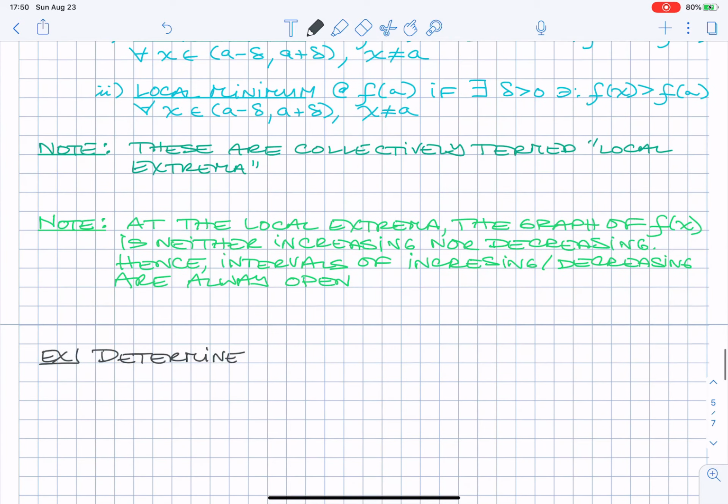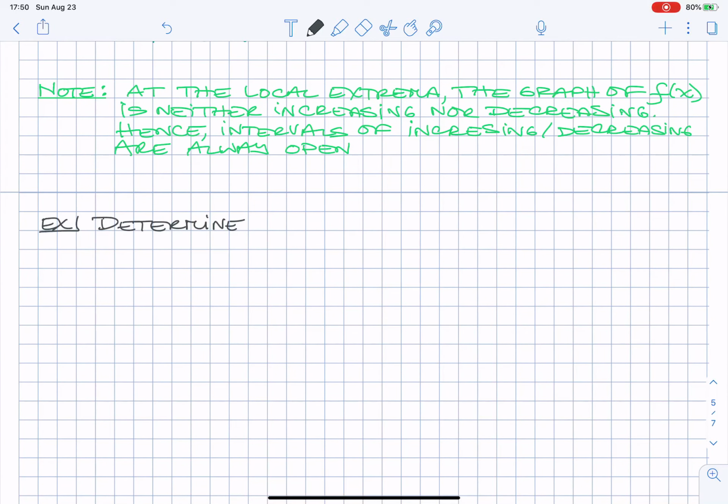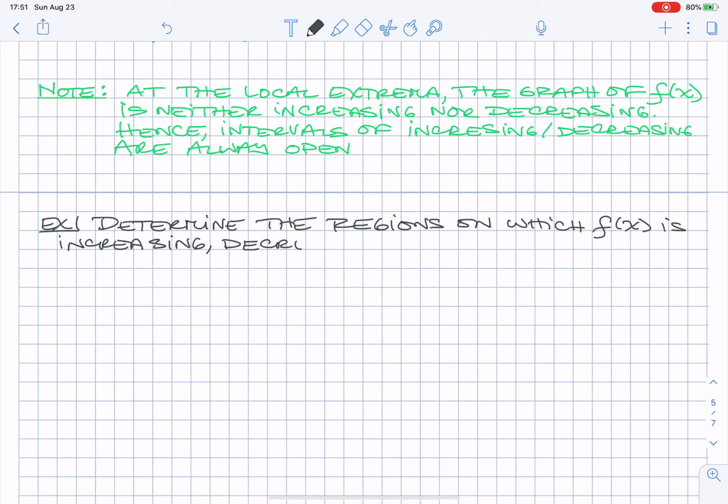Okay, so determine the regions on which f of x is increasing, decreasing, and where it has any local extrema.